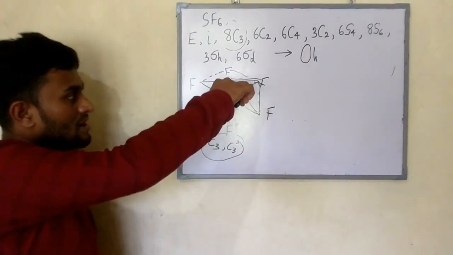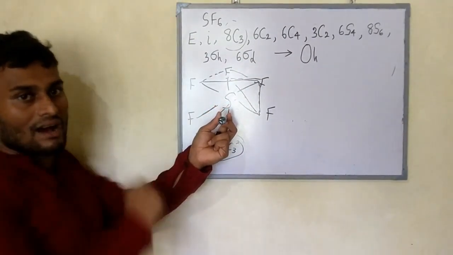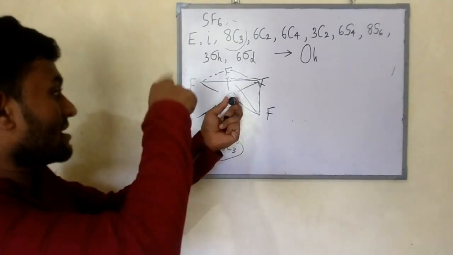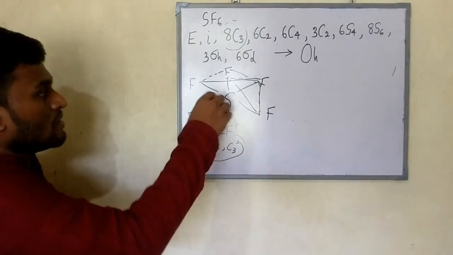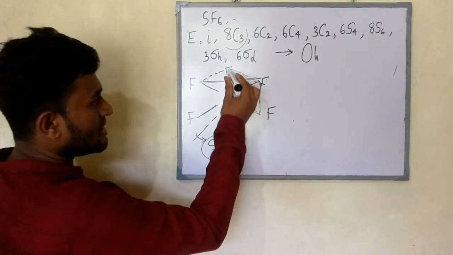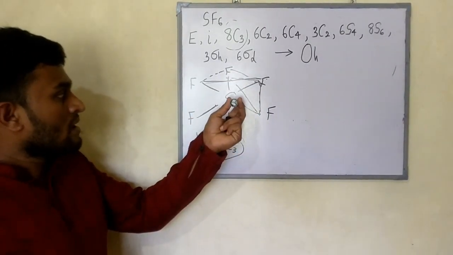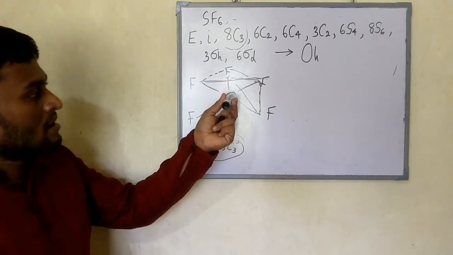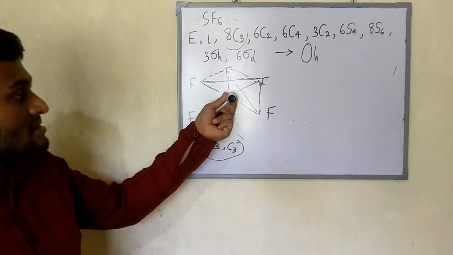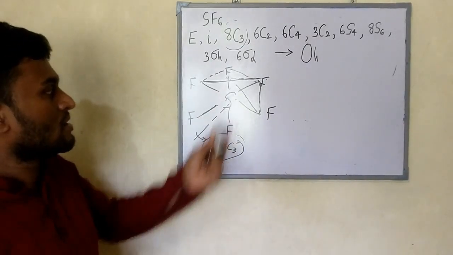Then you want to know 6 C2s are there. So in the middle one F atom is there and other F atom is there in the inside of the plane. And these 4 atoms are in the plane. These 2 atoms are out of the plane. So if you put a plane like this, that axis will be a C2 axis.